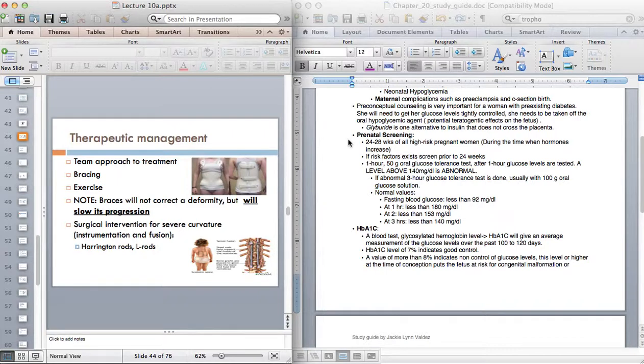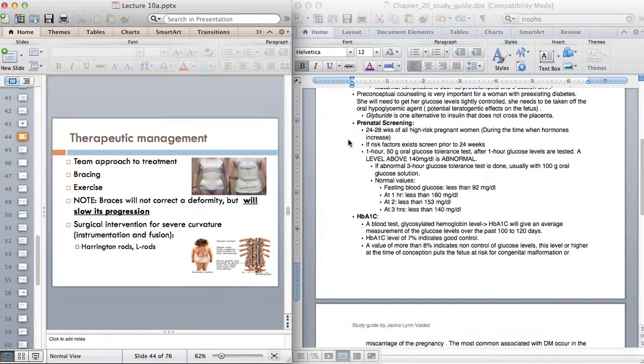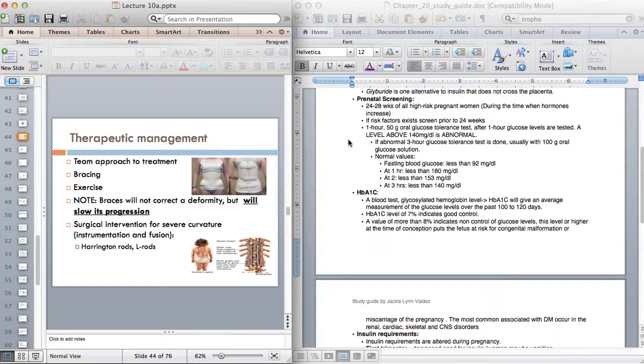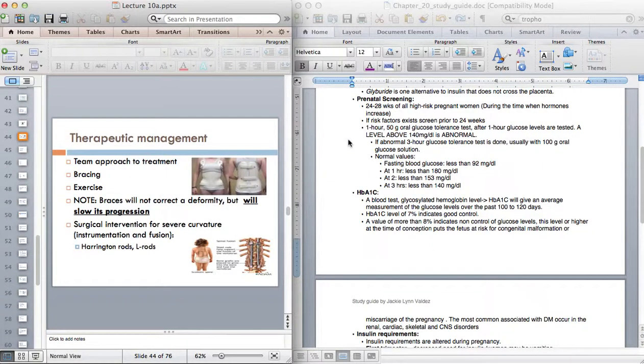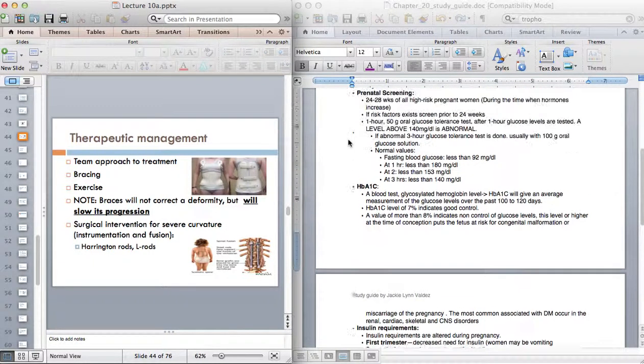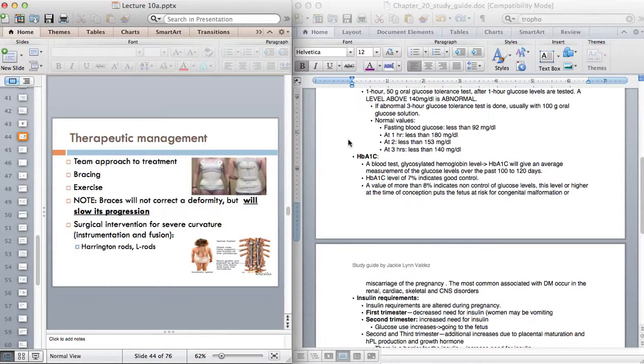And usually the orthopedic surgeon would like to do exercises to improve the muscle tone and to improve the posture and strengthen the muscle so that the curvature will be able to decrease.